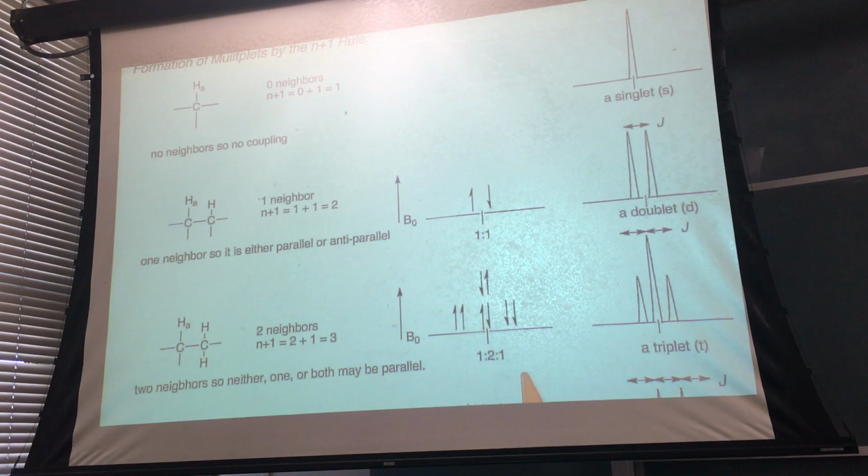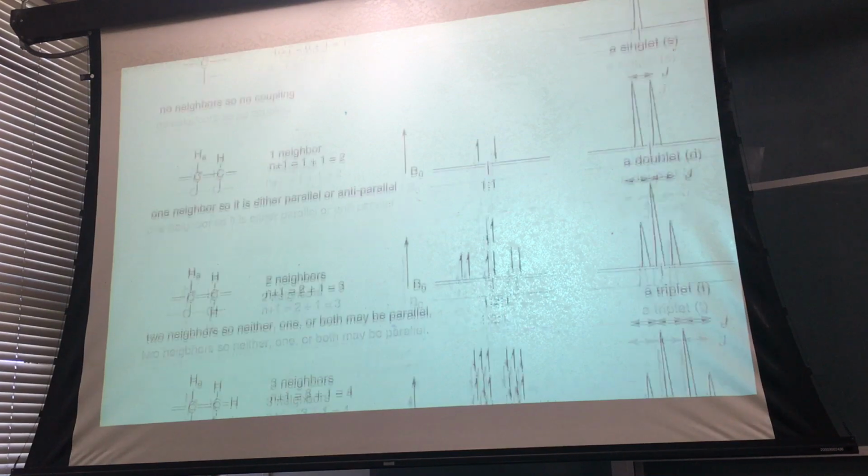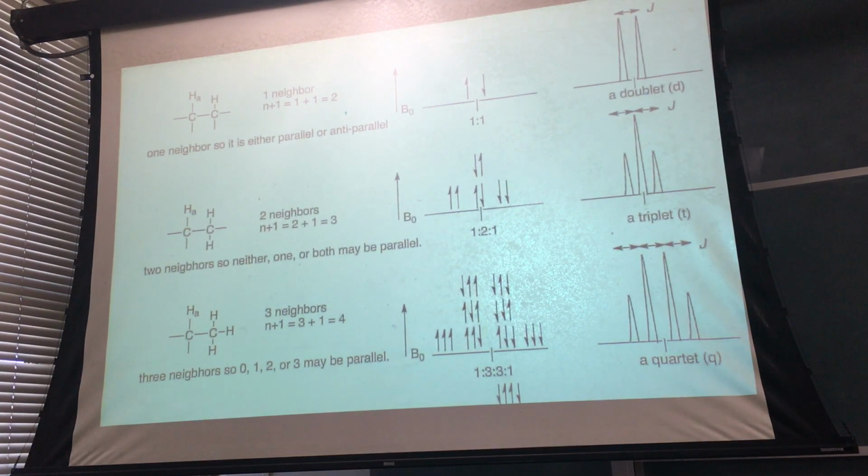You are going to have a triplet. That's kind of handy to use. So your final peak is decided by the number of your neighbor hydrogens. If you have 3 neighbors, that's going to be 4.